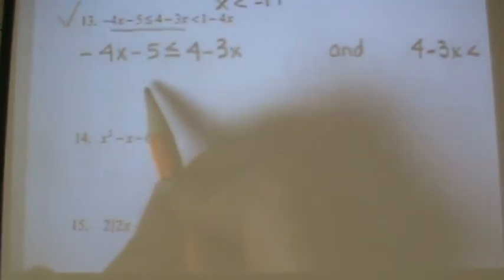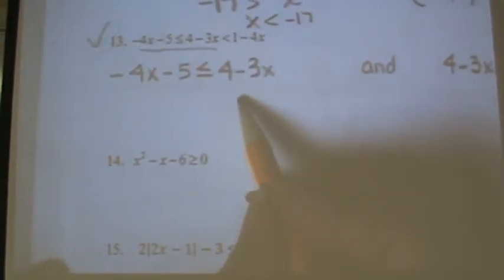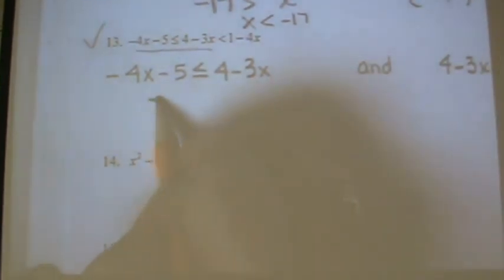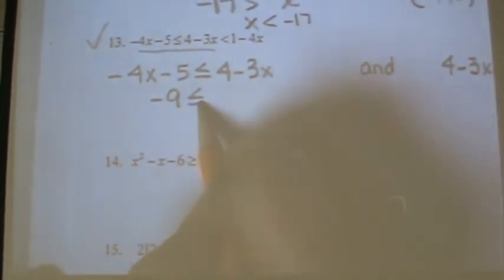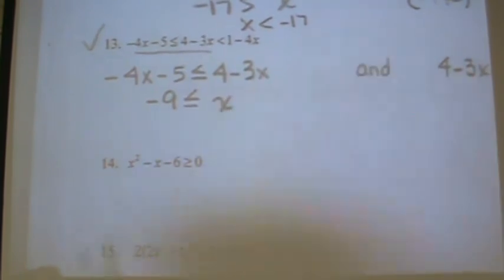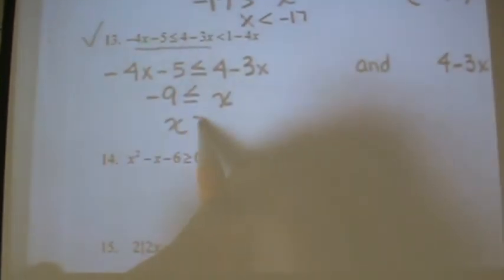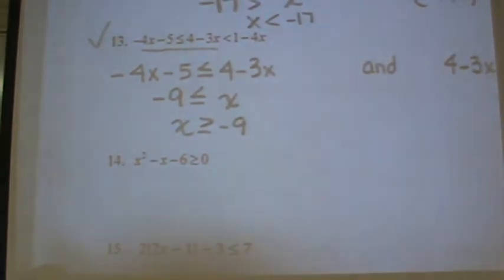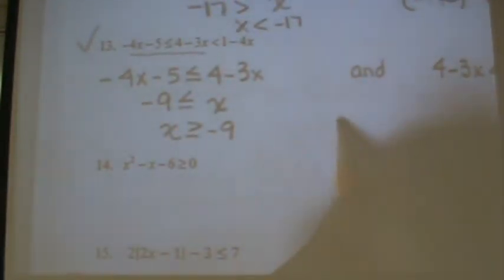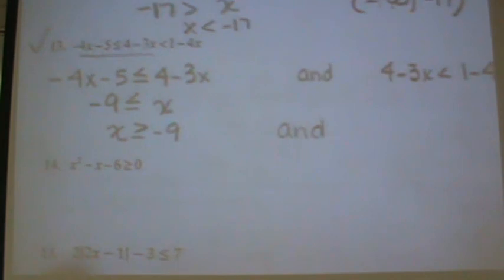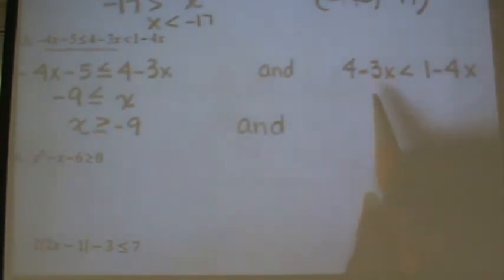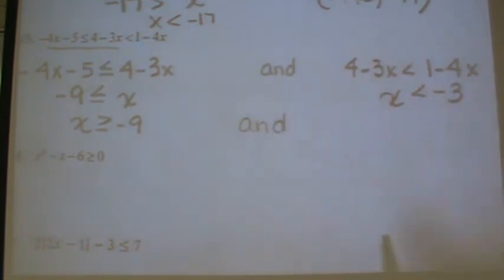On this side, when you simplify it, you end up with negative 9 is less than or equal to x. Now, I like to flip it around: x is greater than or equal to negative 9. And then over here, you have x is less than negative 3.